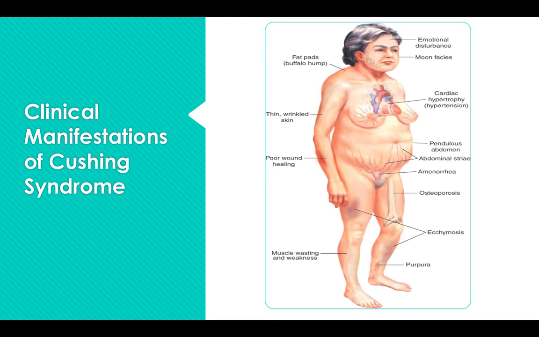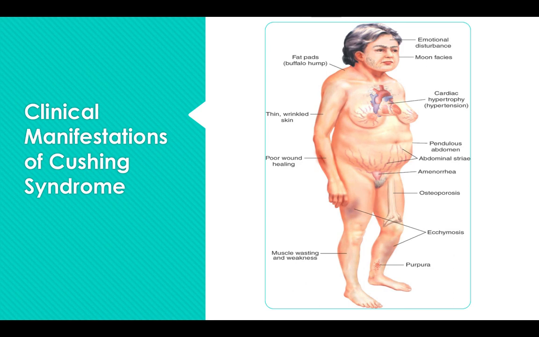Complications of excess cortisol are osteoporosis, which we often see in terms of pathological fractures, peptic ulcers, lipidosis, or disorders of fat metabolism, which create these fat pads that occur at the back or the buffalo hump and in the abdomen. We see impaired glucose tolerance because we have increased gluconeogenesis and insulin resistance, so much like metabolic syndrome.